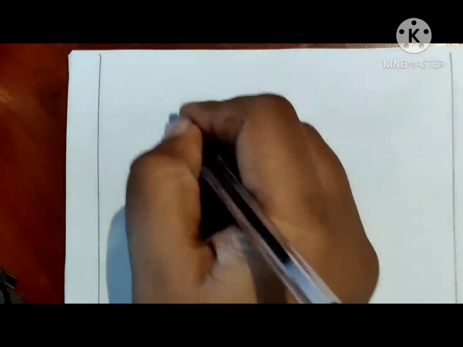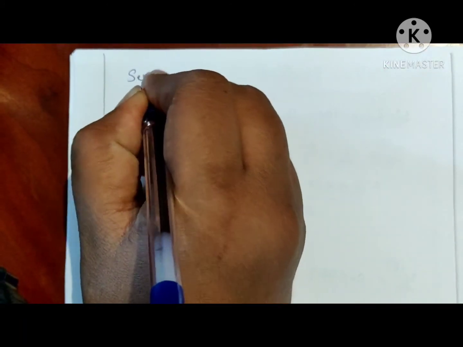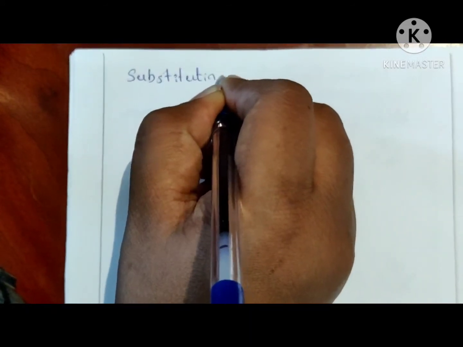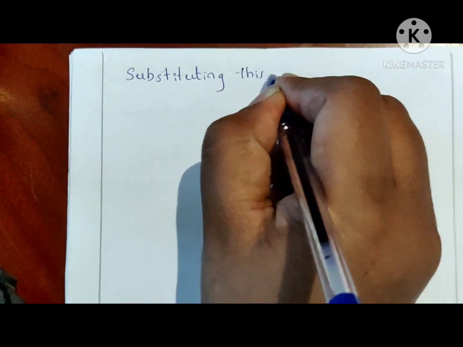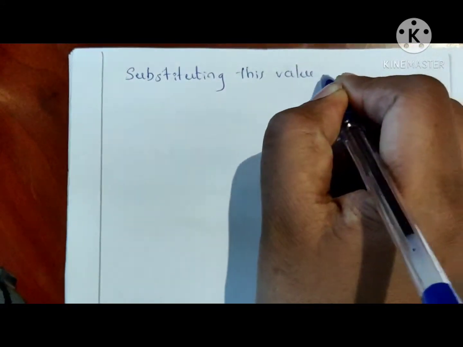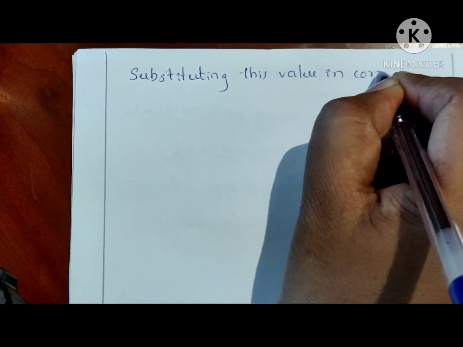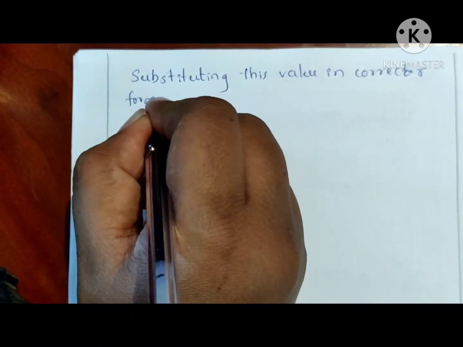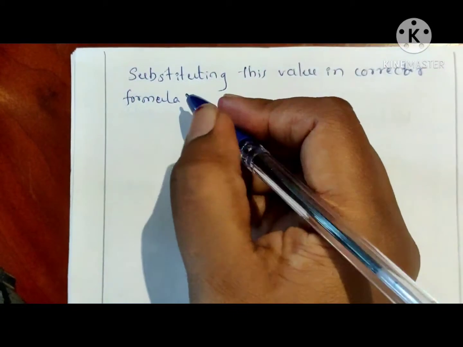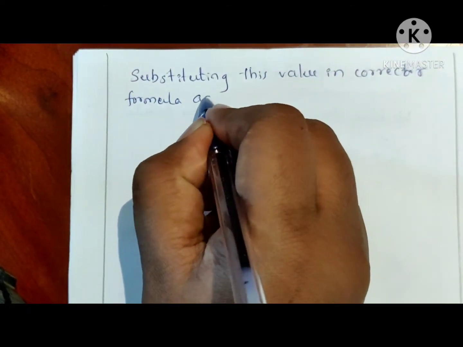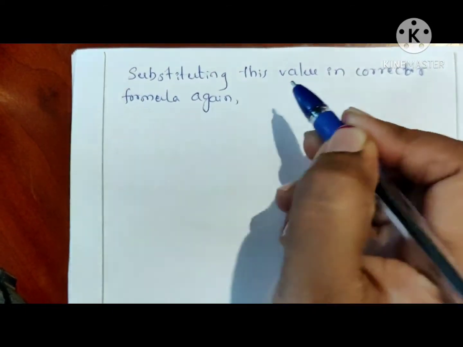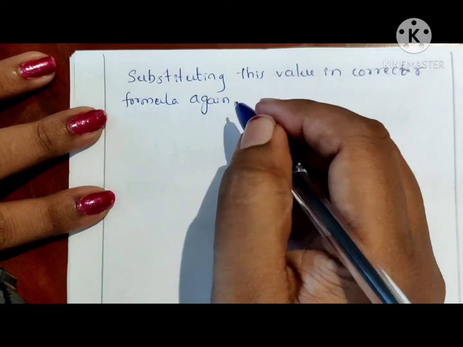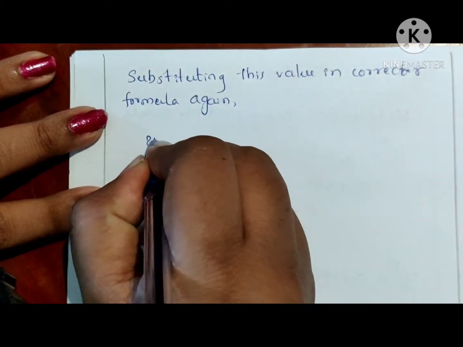Substituting these values in the corrector formula, again we get y4 of c.